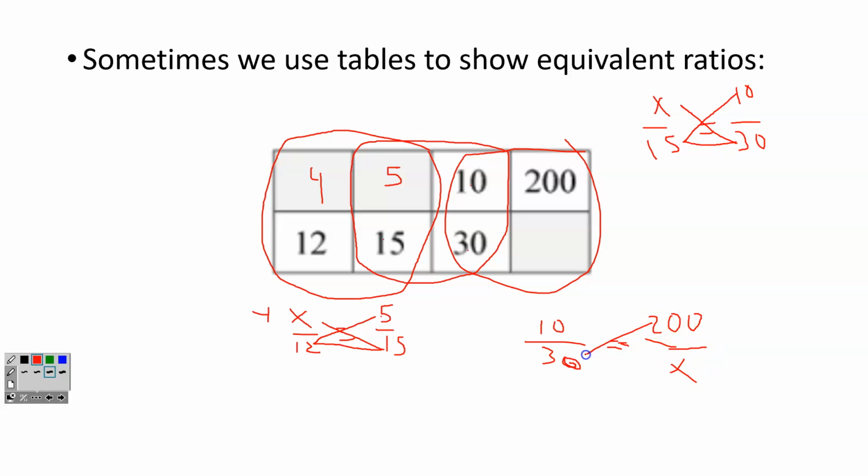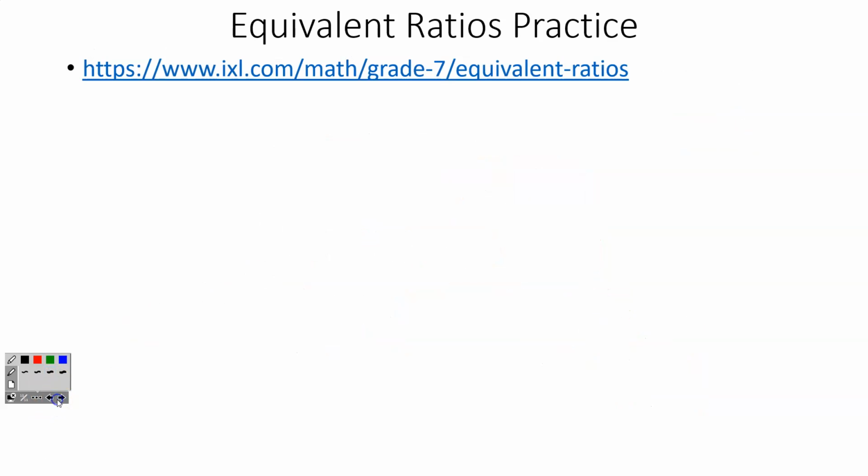So you could do 200 times 30, which is 6,000. 6,000 divided by 10 gives me 600. There you go. So you can use equivalent ratios to help set up and solve for the missing table.